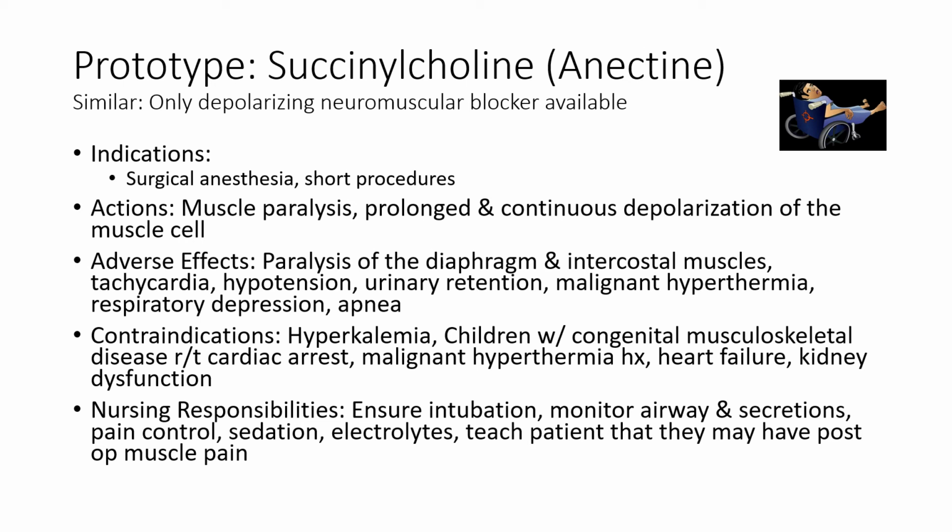And the last one is someone who's had some kind of musculoskeletal disease. So they have a childhood congenital muscular disease, cerebral palsy, something where the nerve to the muscle hasn't been functioning for a long time.